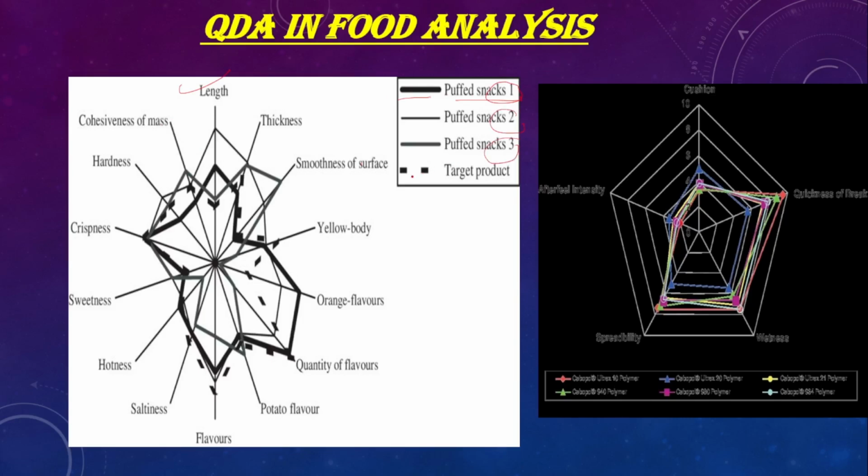Three different snacks are present, and this is the target product. And we can see the length, thickness. There is a difference in the scale. In this way, they show the differences in the food products. Smoothness of the surface, yellow body, orange flavors, quantity of flavors, potato flavor, how much intensity is present in the food, crispness, sweetness, hotness, saltiness, hardness. They show everything in a scale method. This is QDA in food analysis.